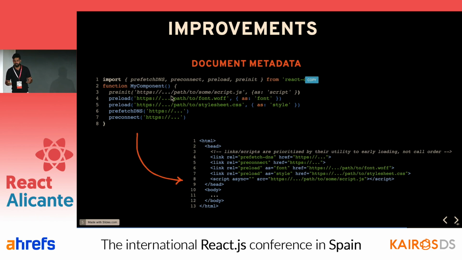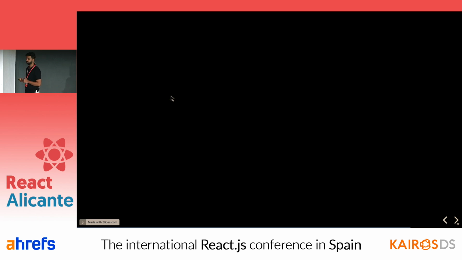So you can use preinit, preload, prefetch, preconnect, all of these functions. And the beauty of this part is React is automatically going to take care of the order whenever it hoists these contents up to your head component. Whatever the priority and order in which they need to load, React's going to take care of them and load them in the right order.